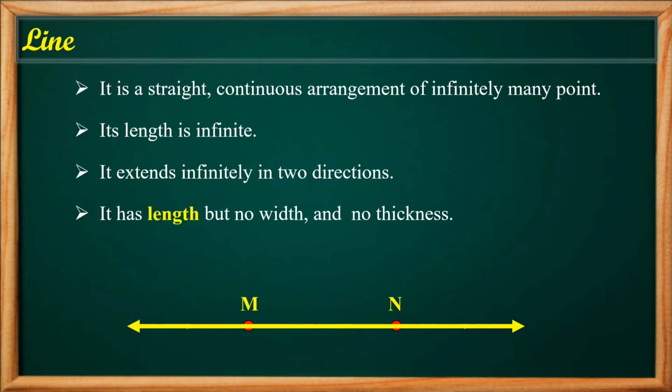Ganun pa rin, undefined term ang line. Bakit nga undefined term? Kasi hindi natin siya nakikita. Although meron siyang haba, meron siyang length, pero wala siyang lapad, wala rin siyang kapal. Ibig sabihin, hindi natin mahawakan. Kapag isang bagay, walang kapal, kahit na yung papel, di ba? Yung papel, kapag hinawakan natin, meron siya. Sasabihin natin, oh, gaano kakapal yung papel? Ganito lang kakapal, di ba?